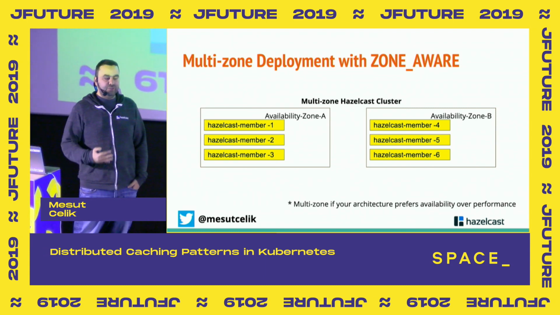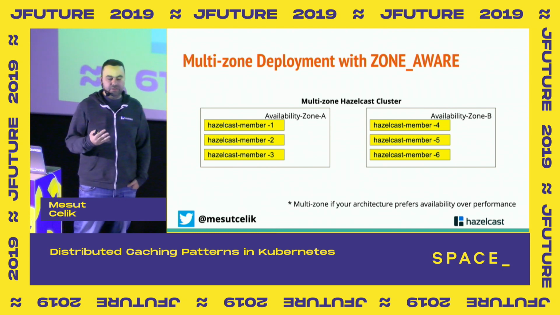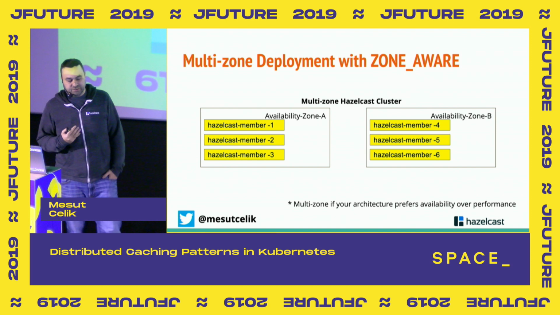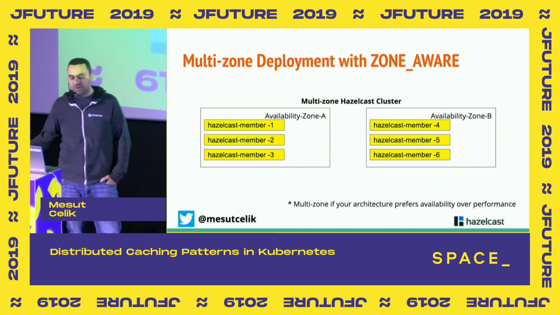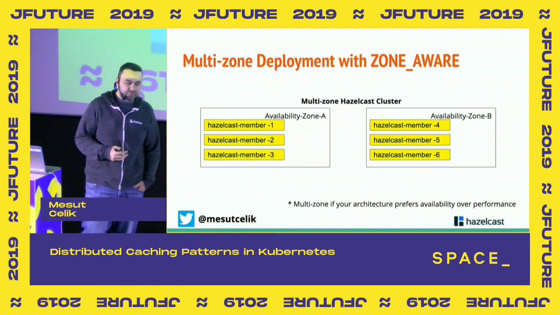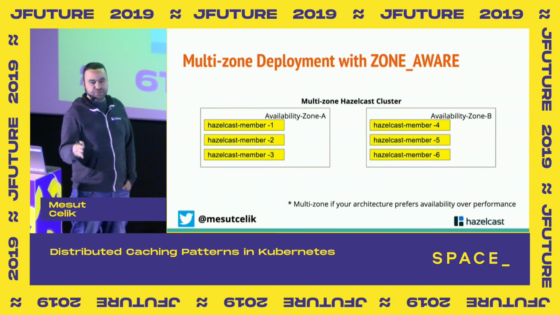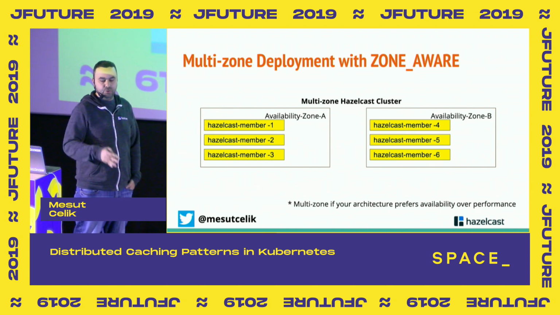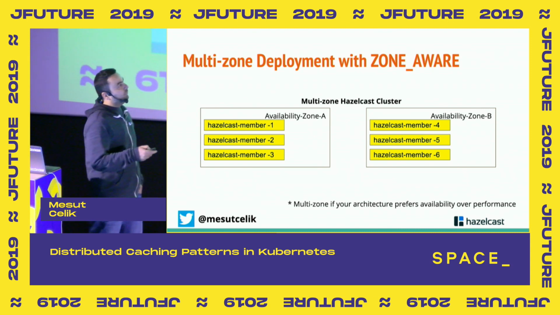But in case you decide to deploy it, which is a very usual case in Kubernetes cluster deployments, where some of the nodes are in one availability zone and some of them are in another availability zone, then you need to switch on zone aware.